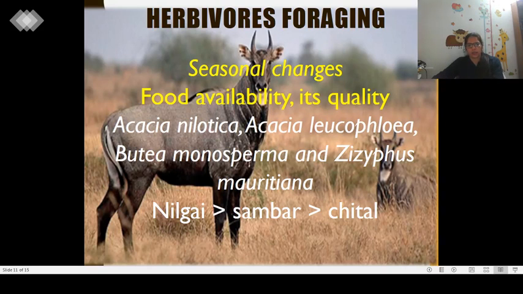We have observed that nilgai can eat any product of the plant, from shoots, pods, leaves or twigs, whereas sambar probably eat bark and cheetal feed upon leaves. So it is making their coexistence successful by reducing the level of competition.